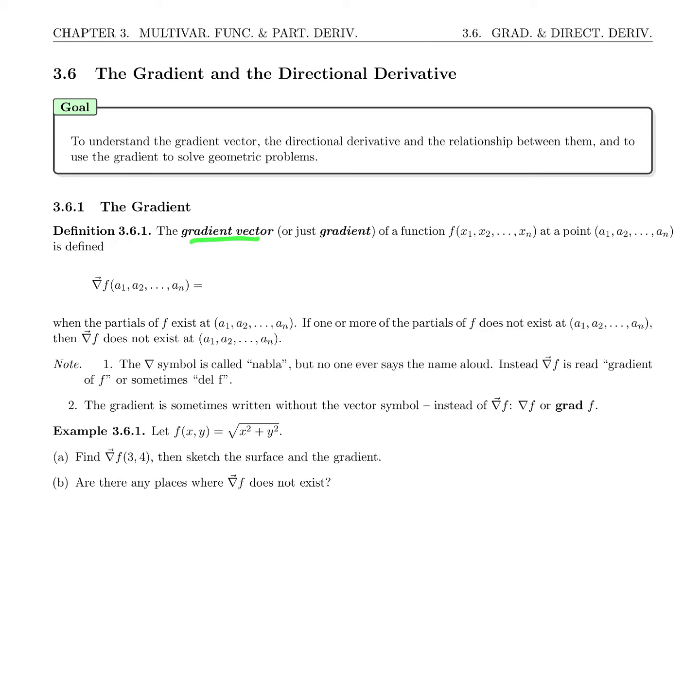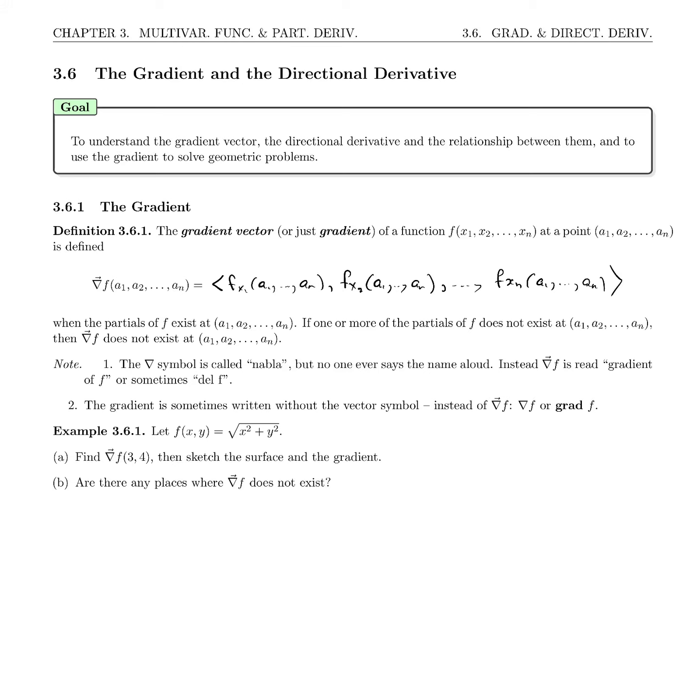The gradient vector, or just gradient, of a function of x1 to xn at a point a1 through an is defined as the gradient of f at a1 through an. It's a vector, f sub x1 of a1 through an as the first component, f sub x2 of a1 through an as the second component, all the way up to f sub xn of a1 through an as the last component.